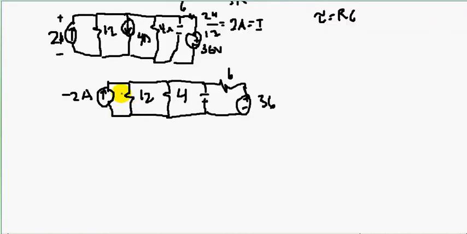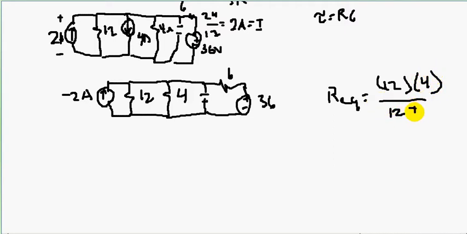Now let's simplify these two resistors in parallel. For two resistors in parallel, we can multiply their values and divide by the sum of the values.